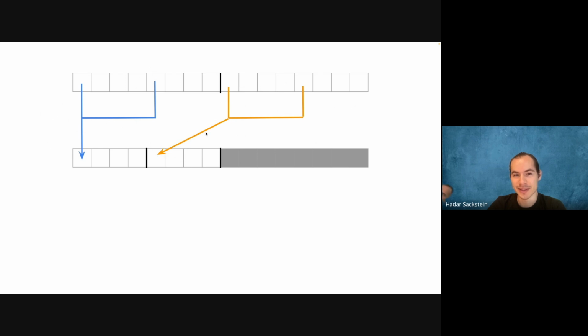Is it the same memory at the beginning and the end? Yeah, it's the same memory. Two concurrent threads, so the blue one needs to run before the orange one. Yes, exactly. One thread reads and the other thread writes to the same address.